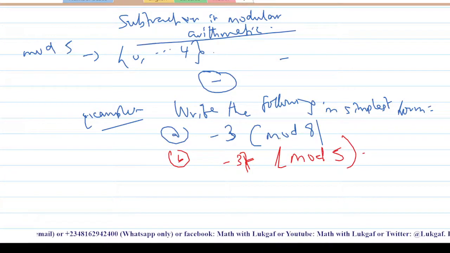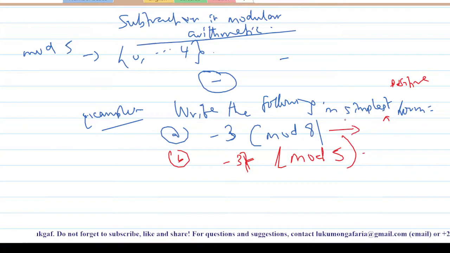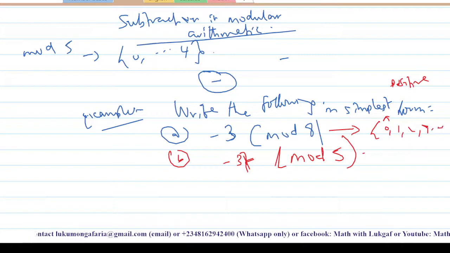So if you want to write this in a simplest positive form, you understand now? Since we all know that this is minus 3, we are working in modulo 8. And don't forget, the set of residues in modulo 8 are the set of numbers between 0 and 7. You will observe that minus 3 is not in this set of numbers.